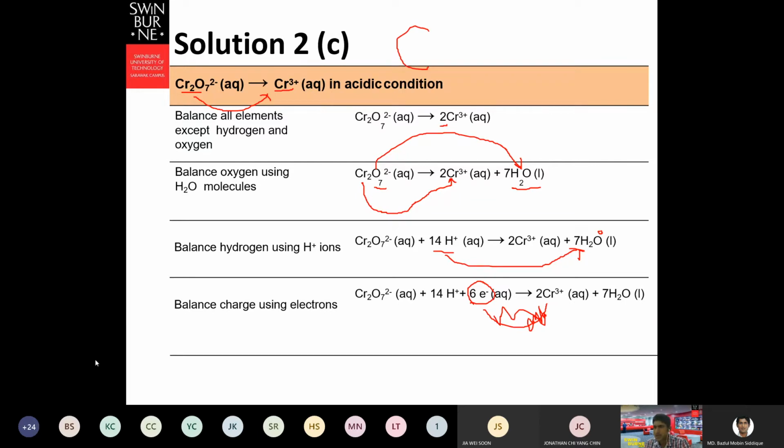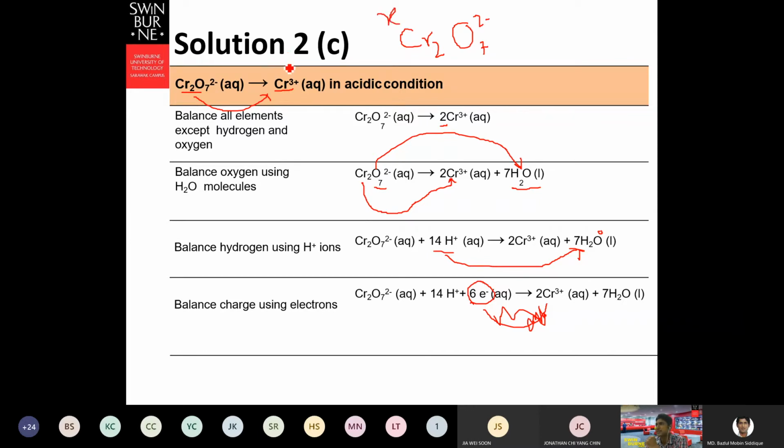How do I erase? Oh, there is an eraser. Okay, so try to find the oxidation state. Cr2O7 with a negative charge, right? So I do not know how much the chromium is.